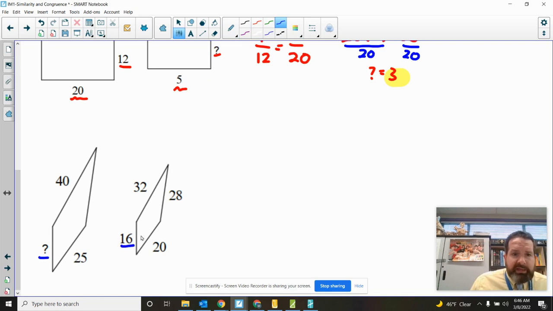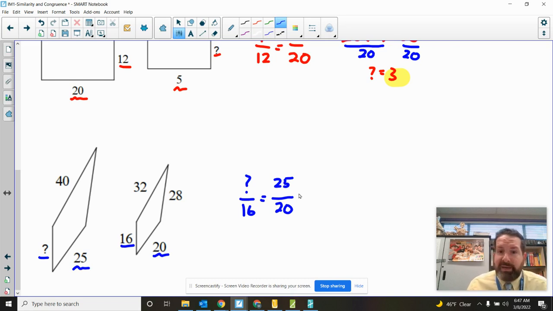Okay, corresponding sides, so setting up one fraction. And now you've got choices here. Because you've got the 40 and the 32 that are corresponding, you could set up another fraction with those. You've got the 25 and the 20 that are corresponding. You could set up a fraction with those. Either one works. Make sure, though, that if question mark is on the top, the 25 needs to be on the top.